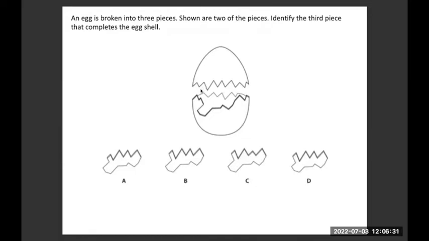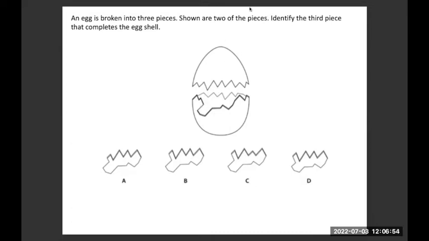The clue here for you is the part which is above, which is this broken edge, and the part which is below, which is this broken edge. Based on these two clues, you have to choose which will be the part which is a part of the broken egg.